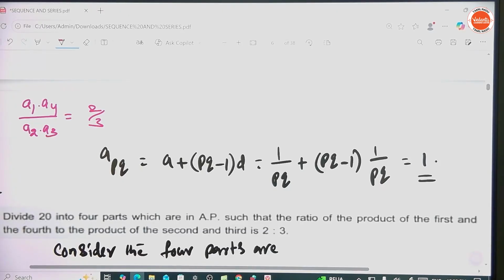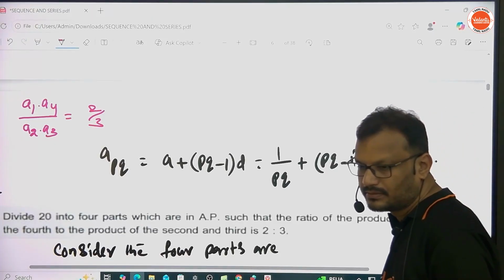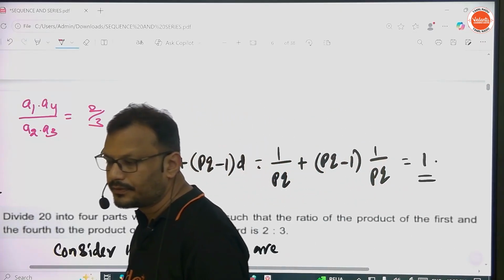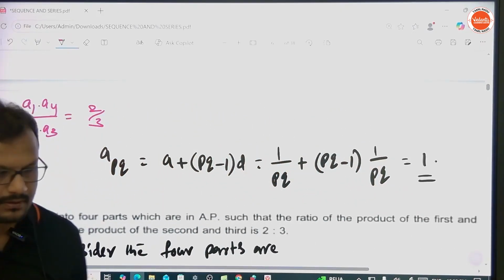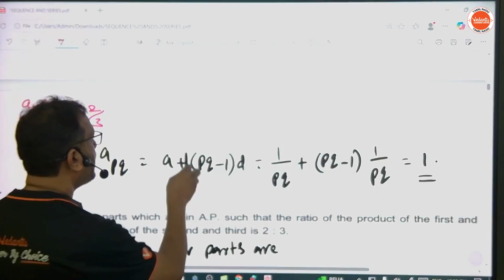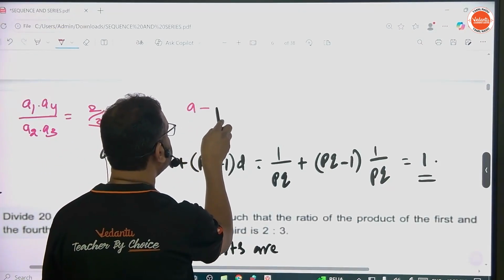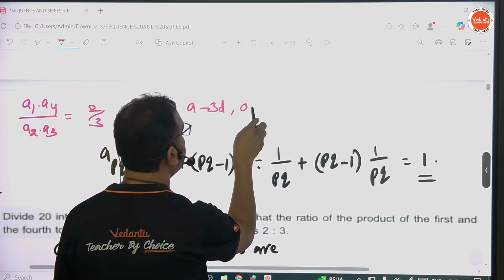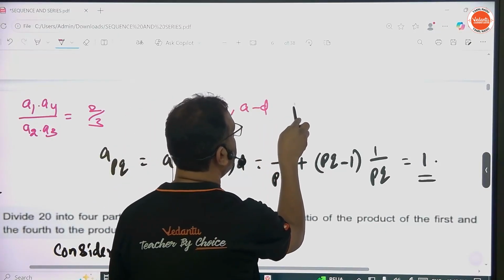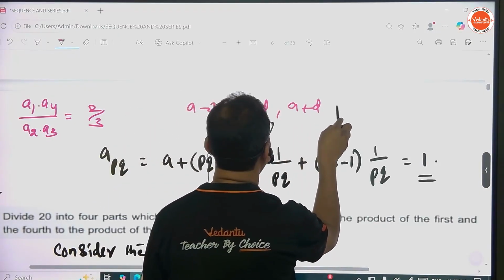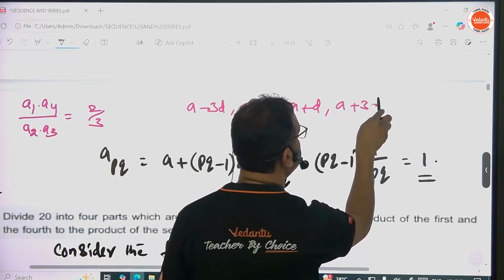What numbers do you have to consider here? A minus 3D, A minus D, A plus D, and A plus 3D.